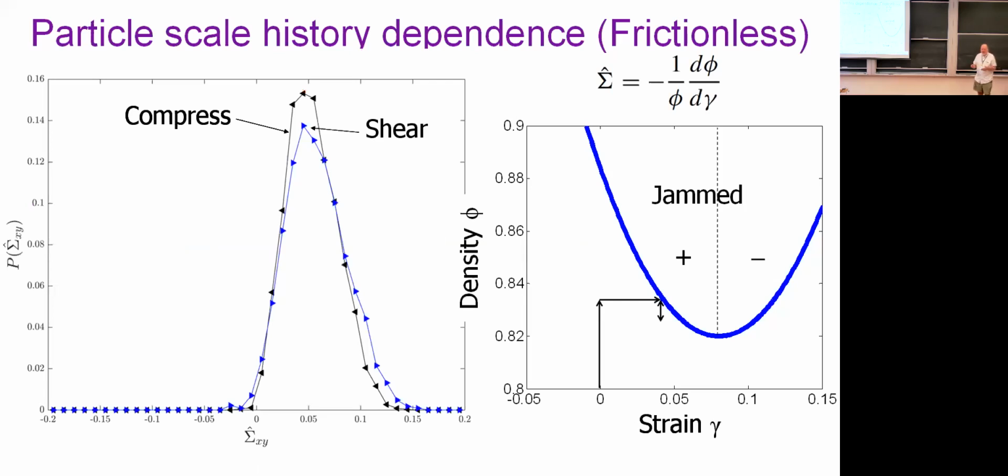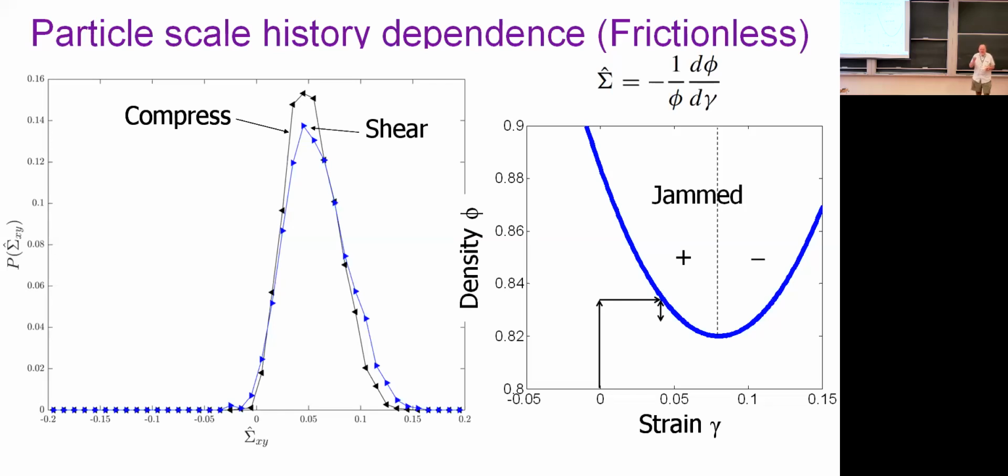So just to put the final nail in the coffin, what we can do is take this protocol where we go up and over, shear jam, but then once we're at that point, we can just unjam it a little bit and come up and see if we get the same state. If these are truly states that you can't get from compression, you wouldn't be able to come back up and do it. And so here is the distribution of the sigmas that we get from both compressing and shearing.